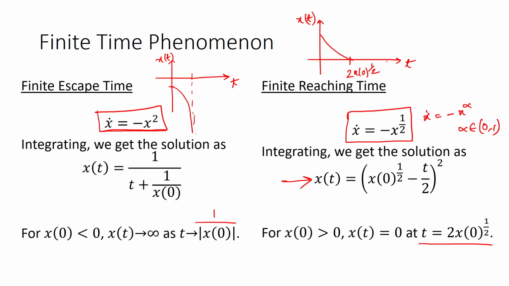I hope the integrations are correct, so please check for yourself whether the solutions which I have found by doing integration are correct or not. But I hope these are correct and you get the idea of what we are trying to highlight here. This sort of phenomenon can appear due to the various sorts of nonlinearities which could be introduced to a system.